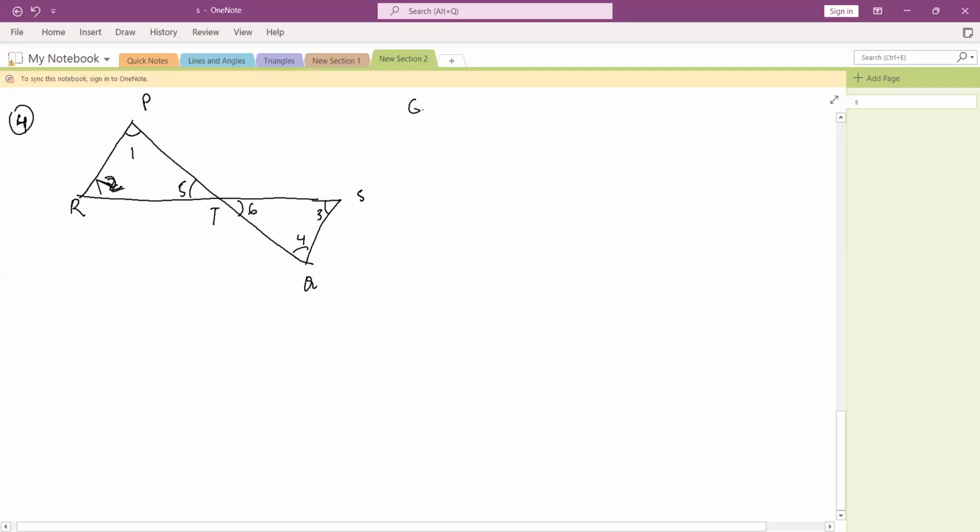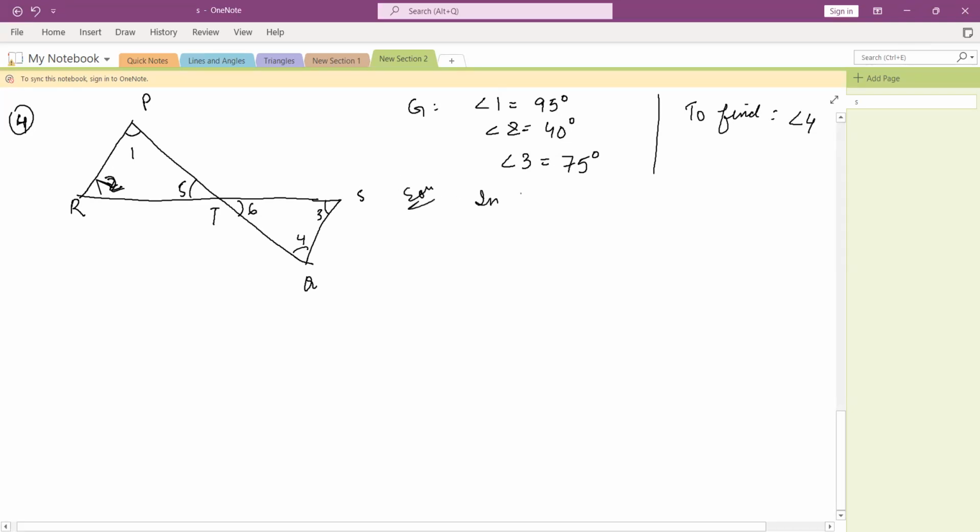Okay, let's start. So first of all, whatever is given, write it down. So angle 1 is already given to be 95 degrees. Angle 2 is given to be 40 degrees, and angle 3 is given to be 75 degrees. This is given. And you have to find angle 4. This is simple. So first look at one triangle.